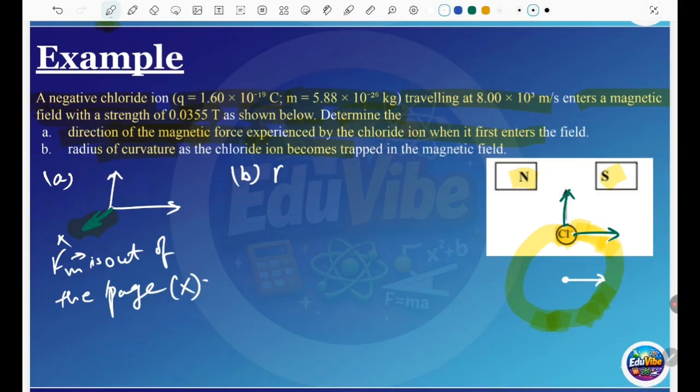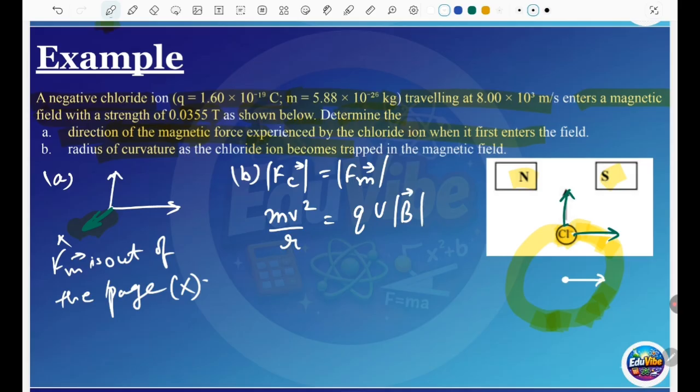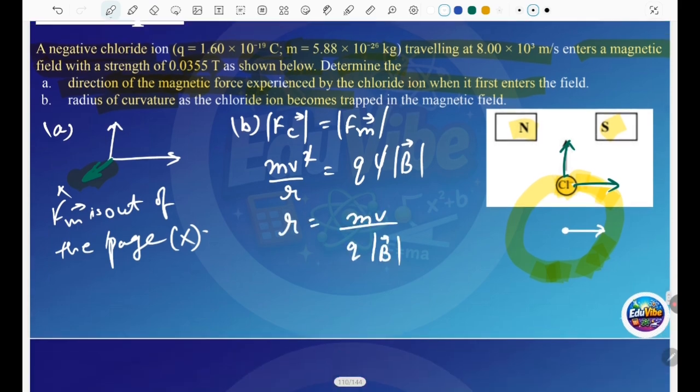This means Fc is equal to Fm. Fc is equal to mv squared over r, and Fm is equal to qvB. One v cancels out. You want r, so you get mv over qB.